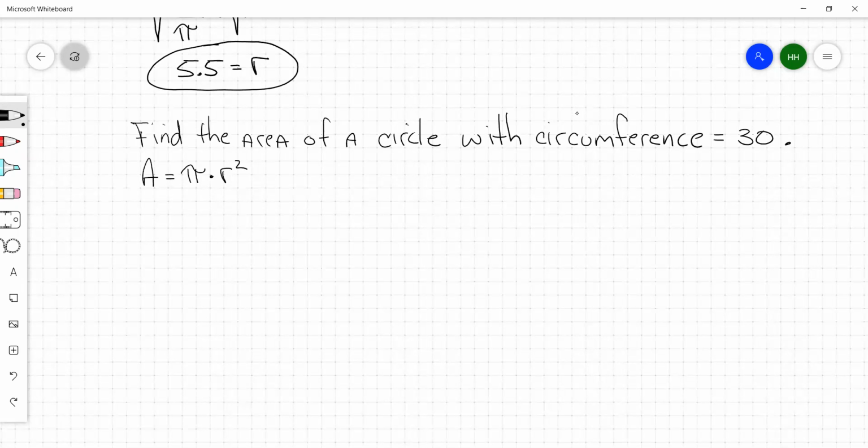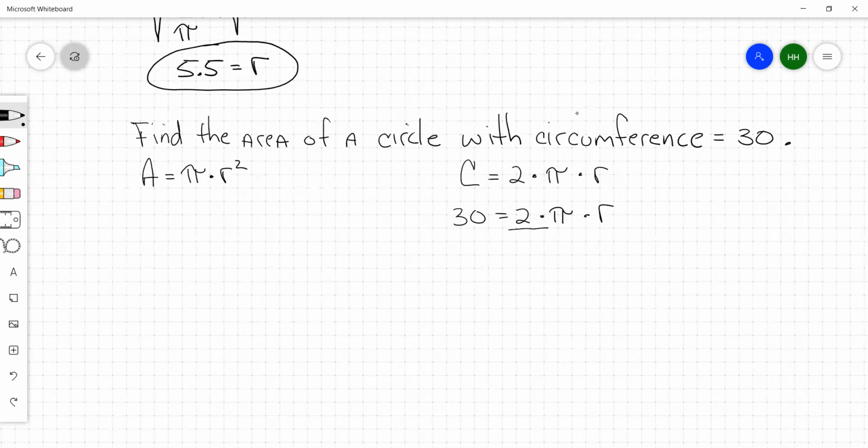You're given the circumference. So, if you recall, the circumference of a circle is equal to 2 times pi times the radius. So, if you're given this circumference, you can substitute it into the circumference formula. So here, 30 equals 2 times pi times the radius.